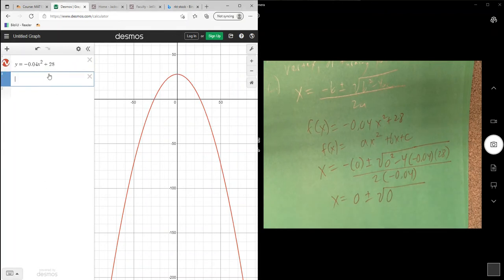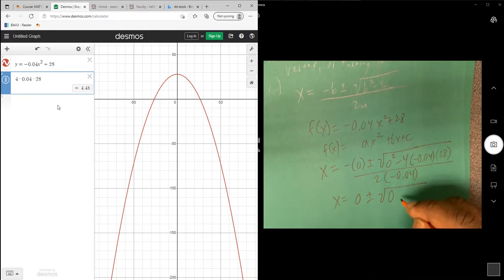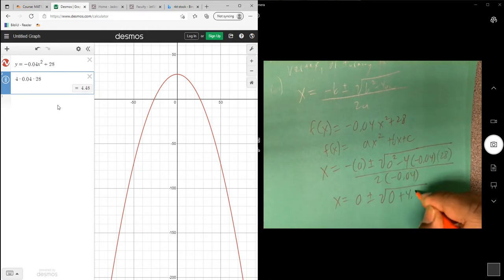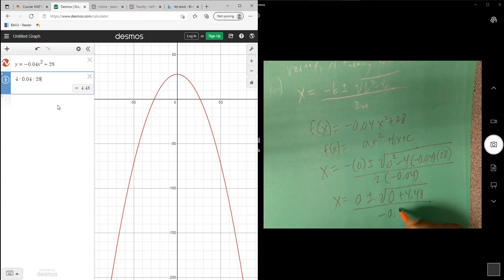And I could put this in this calculator to find out what this number would be. It would end up being positive, so it'd be 0 plus 4.48 divided by a negative 0.08.